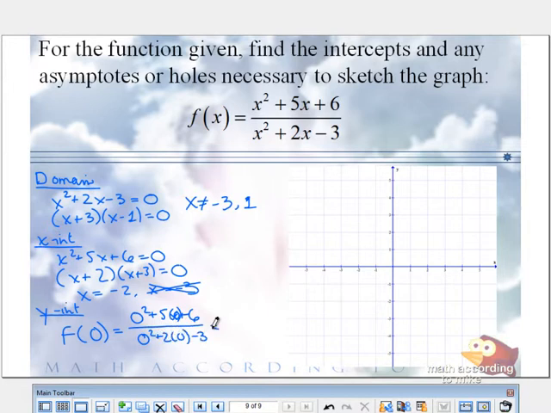So if you put in 0 for the numerator, you get +6. And in the denominator, we get -3. And so where is our Y-intercept? -2. So coincidentally, our X-intercept is at -2, as is our Y-intercept. I'm going to plot those 2 points for right now. Oh, that's +2, I'm sorry.